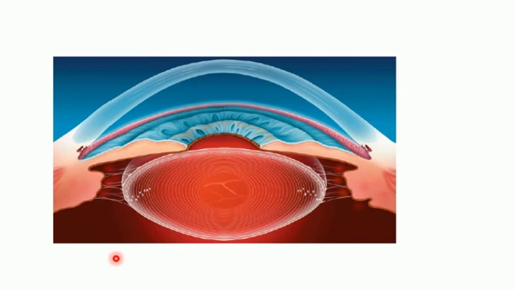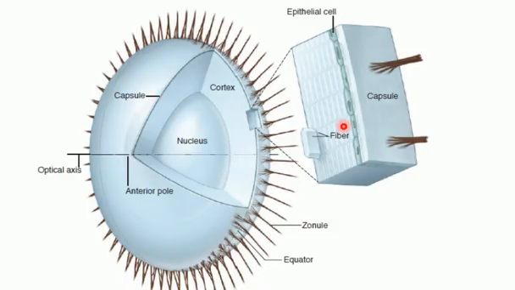Components of the lens include the capsule, the epithelium, the cortex and the nucleus. This is the capsule, epithelium, cortex, nucleus.